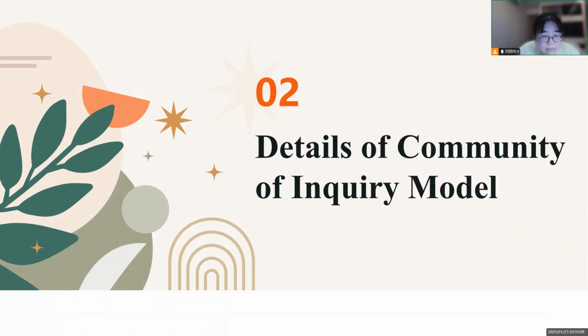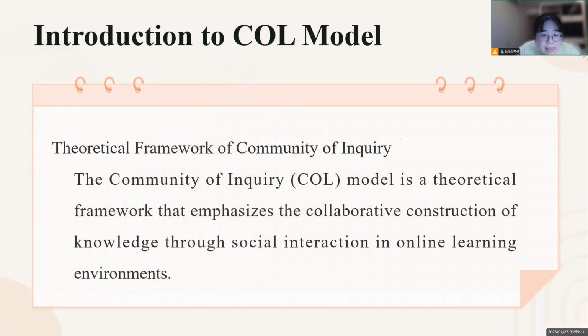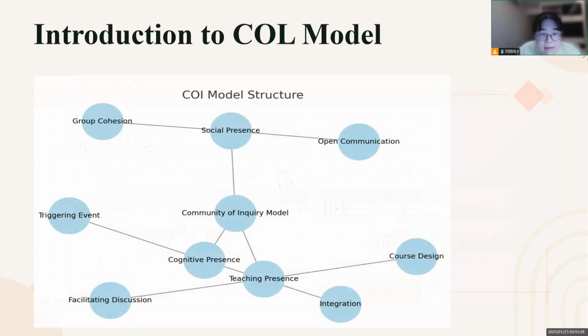The COI model consists of 3 core components: social presence, teaching presence, and cognitive presence. The COI model is a framework that emphasizes the collaborative construction of knowledge through social interaction in online learning environments.